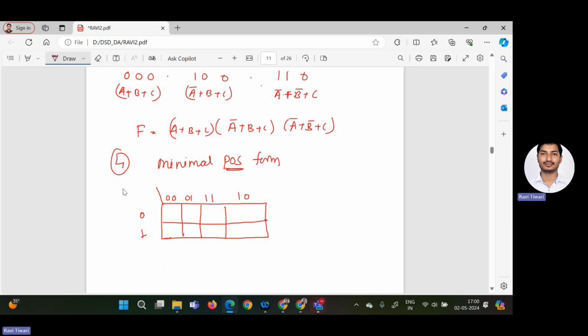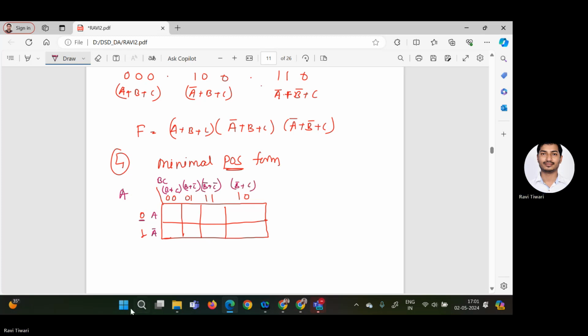That means if you are considering this side A and this side BC, 0 represents the normal form. That means it's A bar, because 1 is the complemented form. Similarly, as this is the POS form, it is B plus C. Why? Because this is 0, 0. 0, 1 will be represented by B plus C bar. This is 1, 1, so it will be represented by B bar plus C bar. And the last one is 1, 0, that will be represented by B bar plus C.